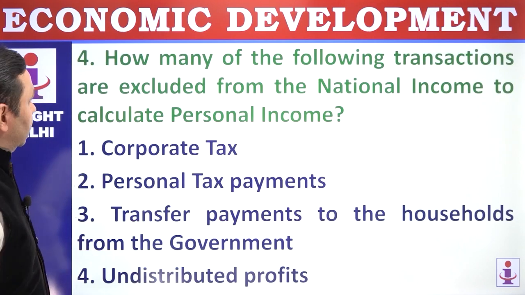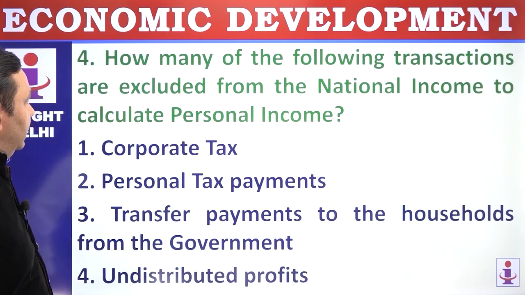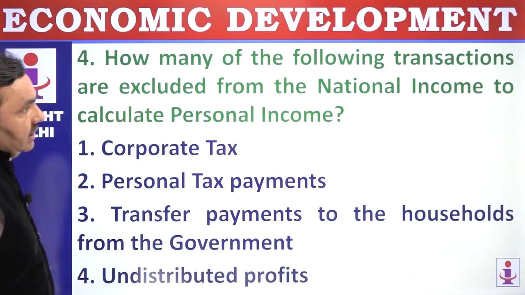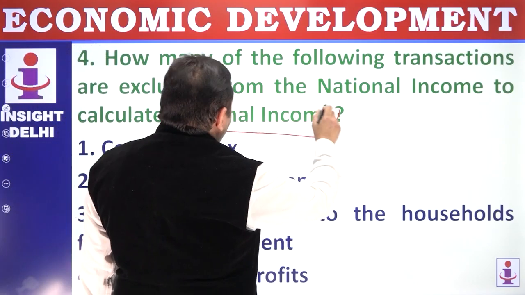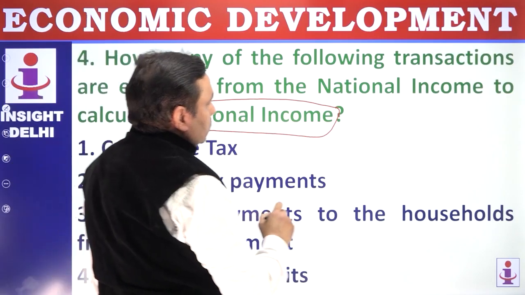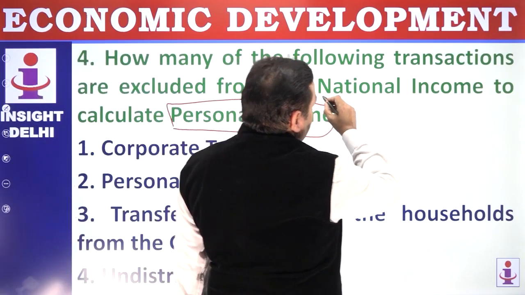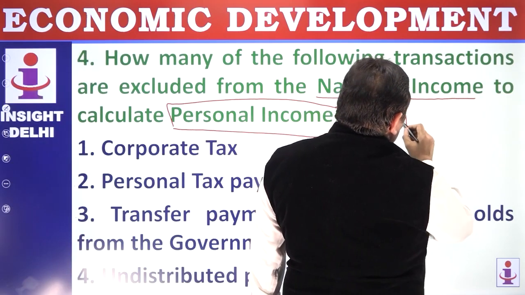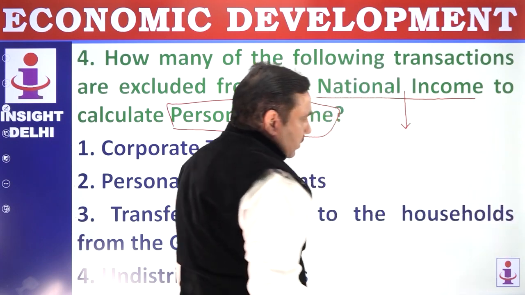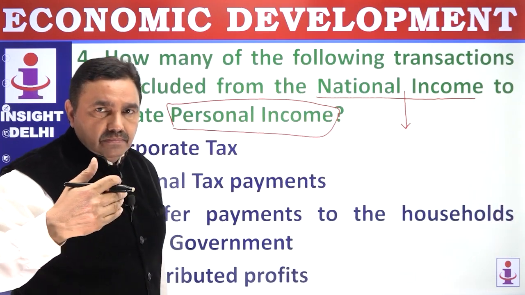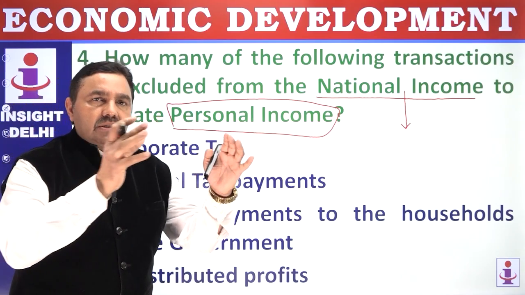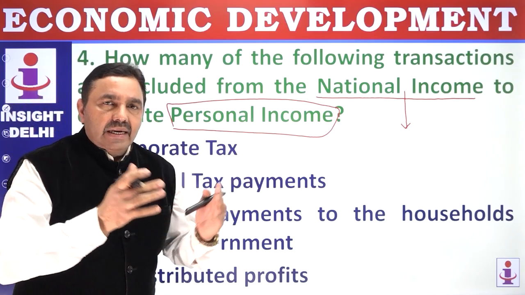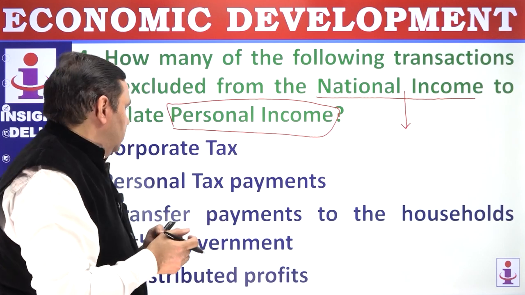How many of the following transactions are excluded from national income to calculate personal income? National income means the total production, the total income of the country, whether from domestic sources or from foreign sources. Now, a part of this national income goes into the hands of our people, and that is personal income.